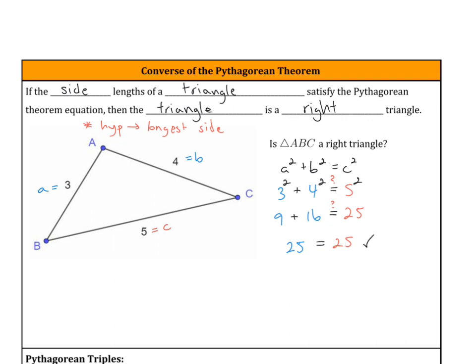And so because our equation checks out, both sides are equal, my conclusion about triangle ABC is that it is a right triangle. We have confirmed that because both sides of the Pythagorean theorem equation are equal, the triangle that we started off with is in fact a right triangle.